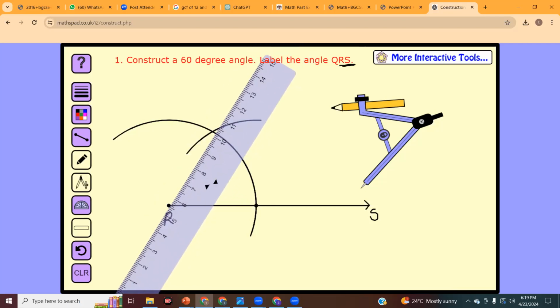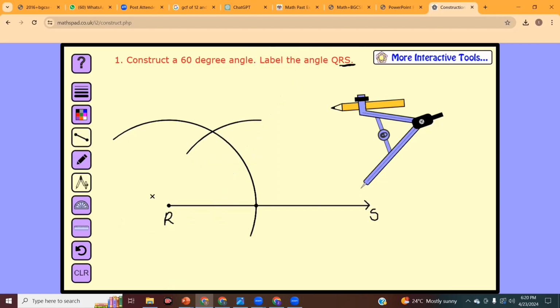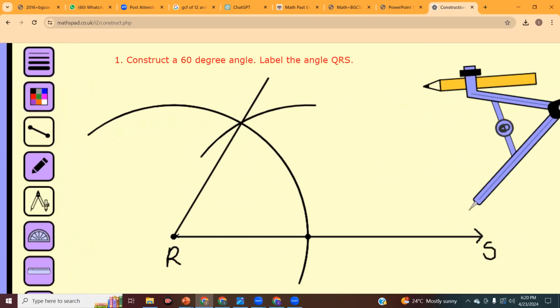So we have a line that goes from R all the way to this point. We go from point R, and we draw a line straight in the middle where the two arcs intersect. All right.